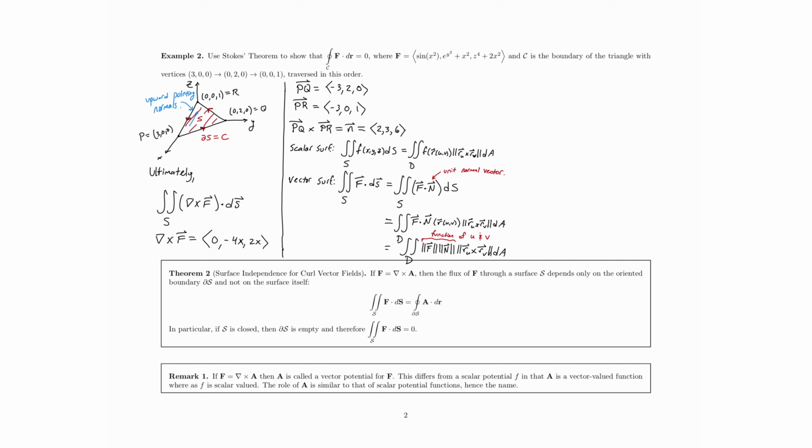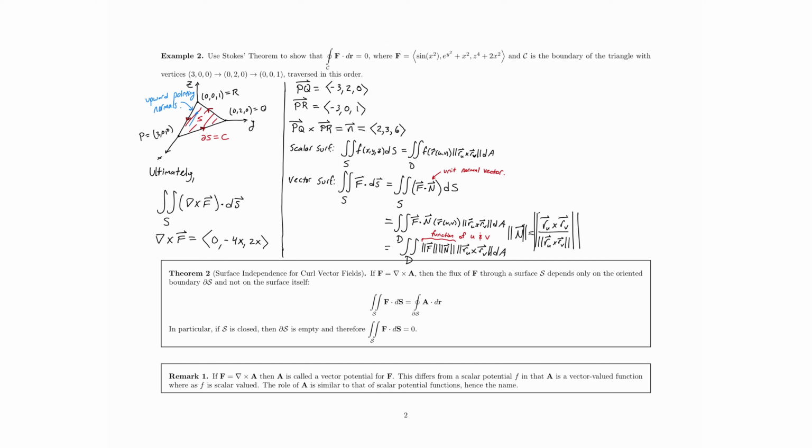This N right here just needs to be a unit normal vector. Well, what is a unit normal vector? A unit normal vector is just a normal vector to the surface, which is this, divided by its own length. And we're taking the magnitude of N.